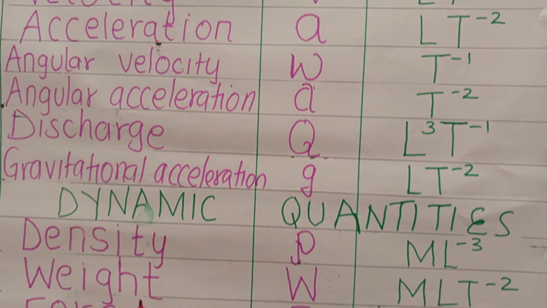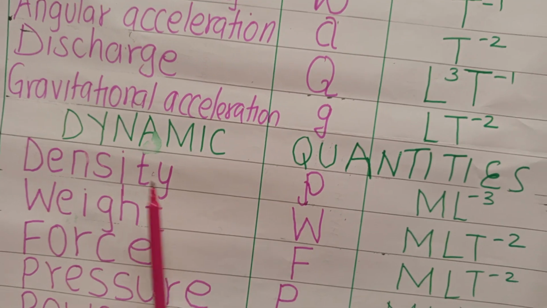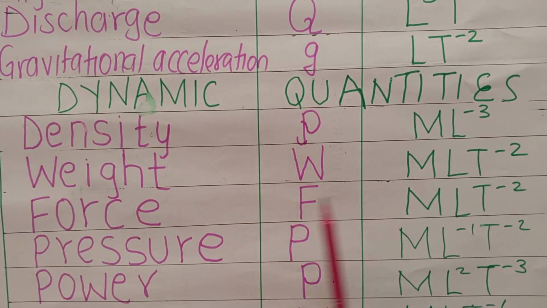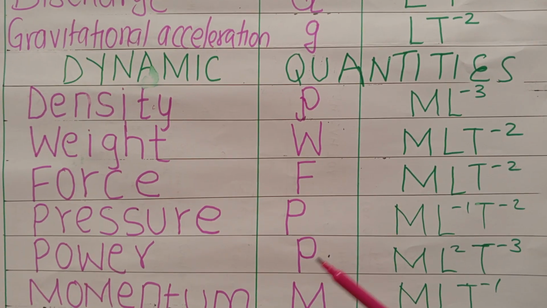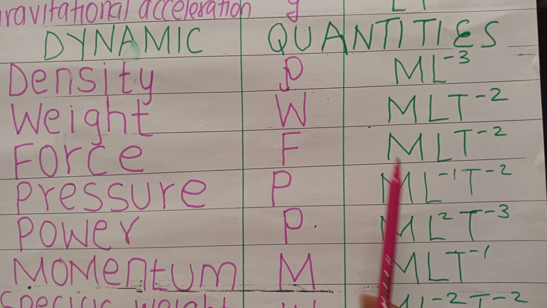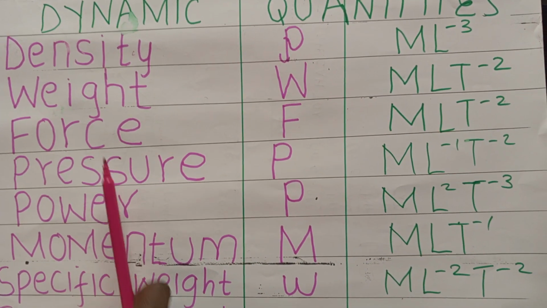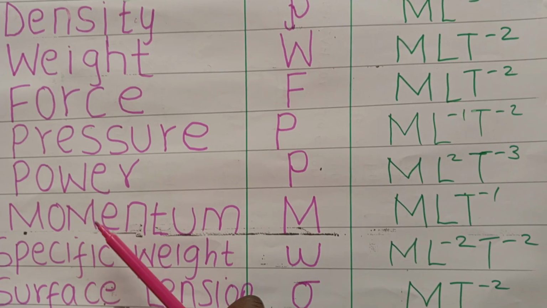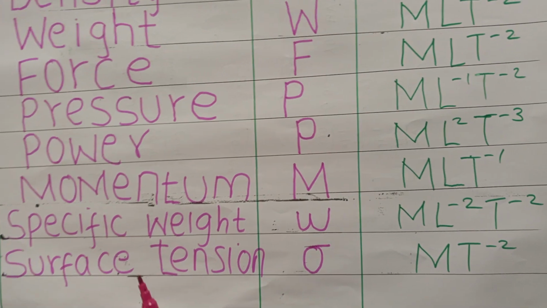The last quantity type is the dynamic quantities. For the dynamic quantities, you find that we're now introducing the aspect of mass. So it can pick from the three primary dimensions, M, L, and T, and that's why you're having the density, the weight, force, pressure, power, momentum, specific weight, and surface tension.